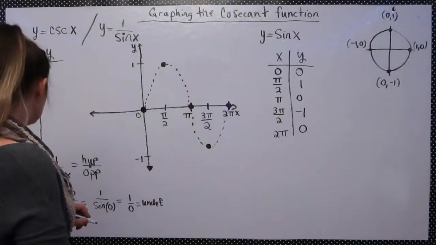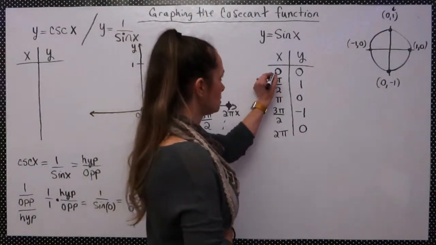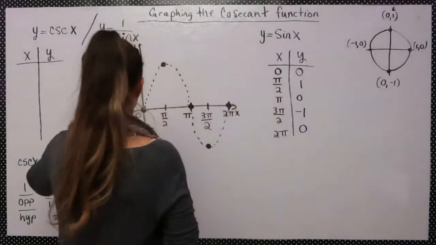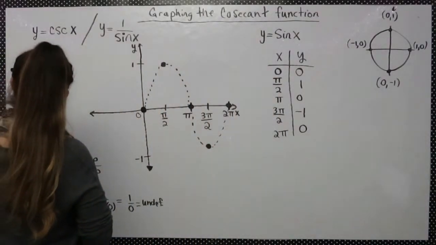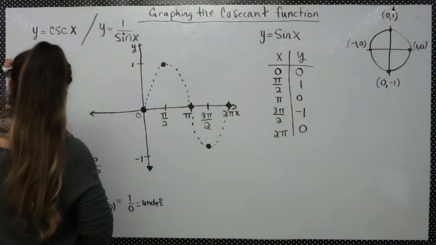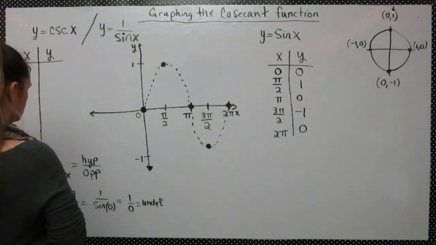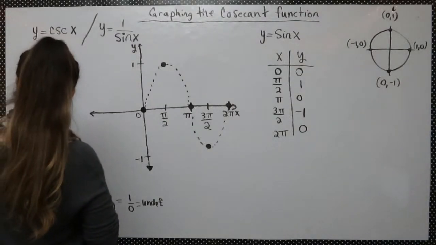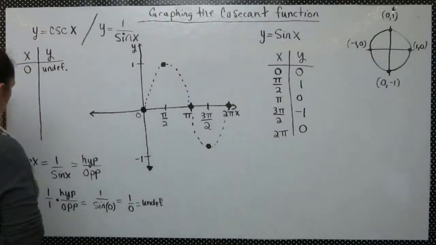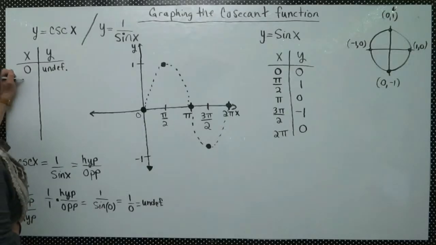So when we plug in 0 here, our cosecant graph is actually undefined. And then we'll go to the next point. It's pi over 2.